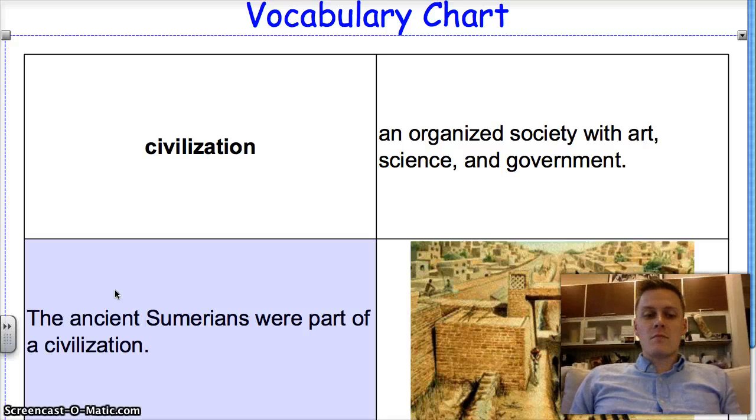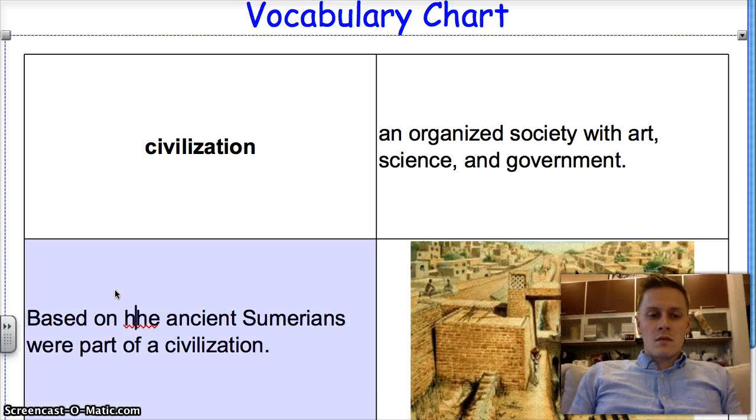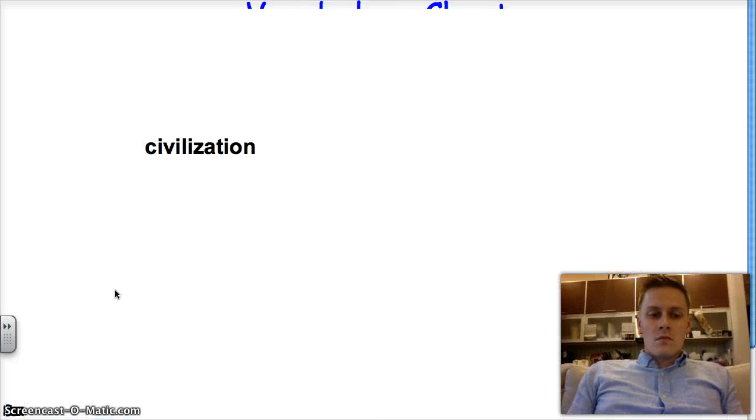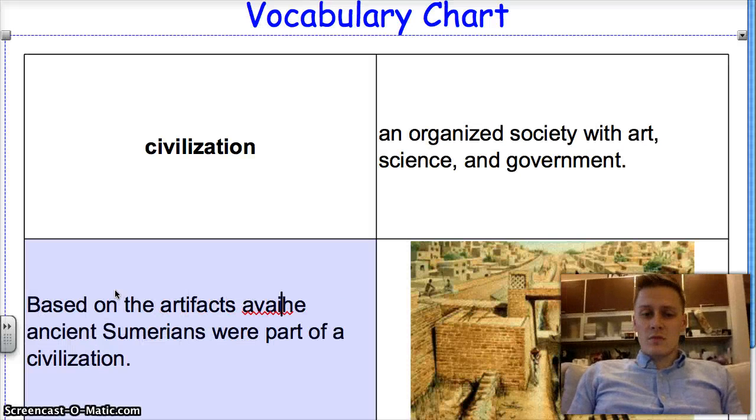I'm going to make this even better. I'm going to say, based on the artifacts available, the ancient Sumerians were part of a civilization. I just bumped that from a middle school sentence to a high school college sentence.